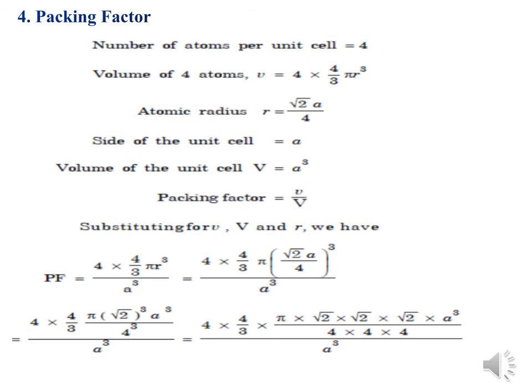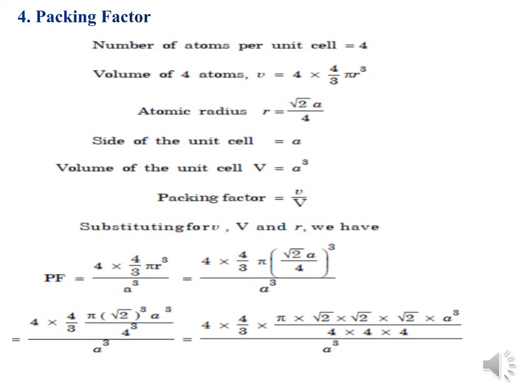Fourth characteristic, atomic packing factor or packing density. It is defined as the ratio between the number of atoms present per unit cell into volume of one atom to the total volume of the unit cell. First you calculate the number of atoms present per unit cell, 4 atoms.